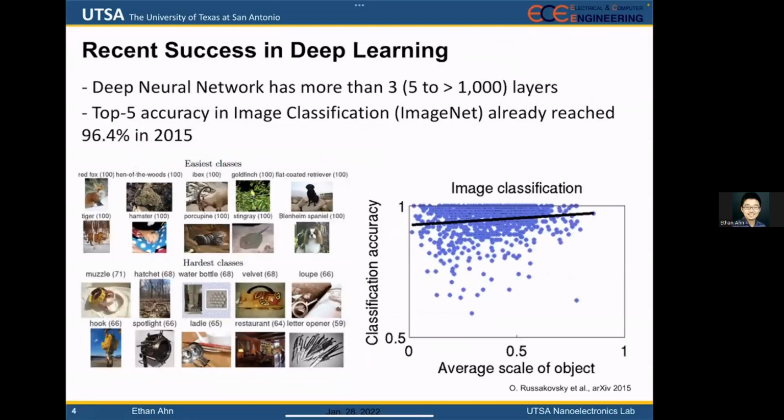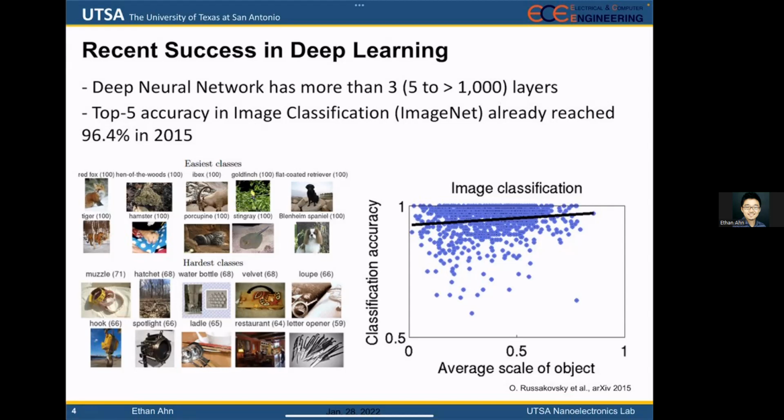So we already know that in the area of deep learning, we have been very successful, and we have these features all over our electronic devices, right? Phone, laptop, computer, and all that.